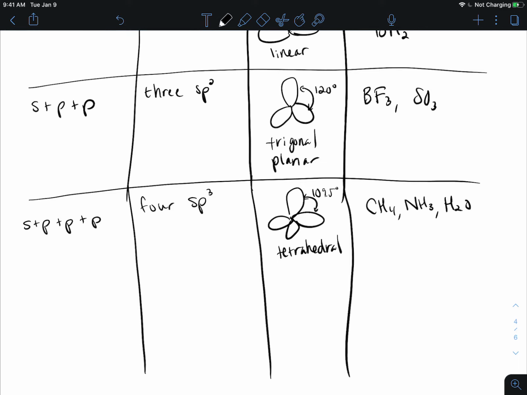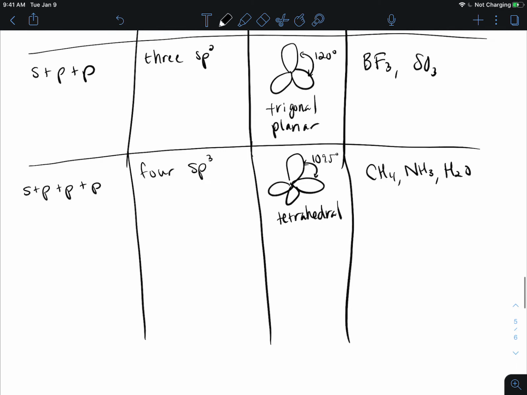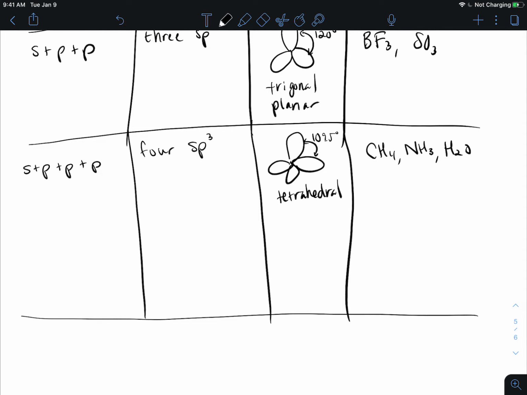Okay, you may be asking yourself at this point, well, yeah, but there's other geometries beyond tetrahedral. But we've exhausted all of our orbitals that we've seen so far, right? We've used all of our s orbitals, which there's only one, and then we've used all of our p orbitals.